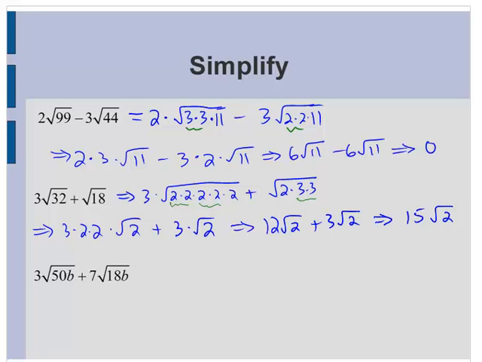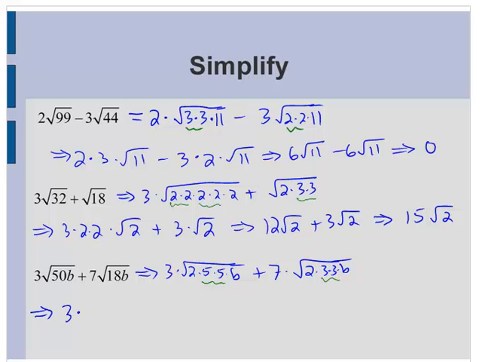And for the last one, I'd have 3 times the square root of 50, and 50 is 2 times 5 times 5. Don't forget the b. And then I'd have plus 7 times the square root of 18, and 18, we saw that just a moment ago. That's 2 times 3 times 3. And again, don't forget the b. Perfect squares. Let's see, I've got a 5 in the first radical and a 3 in the second radical.